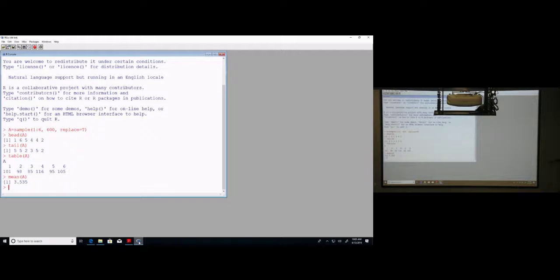That is the population average that we are expecting when we roll a die, 1 to 6. So here, this is now pretty good. I have 3.5, 35.